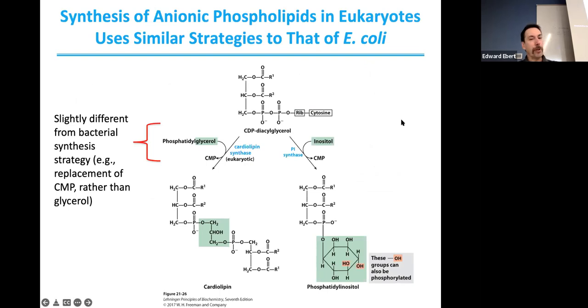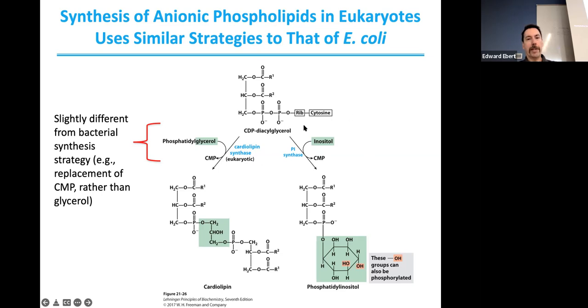Eukaryotes are similar, just a little more complex. We can look at again attaching phosphatidylglycerol through our CMP, cleaving that off, and ultimately getting to cardiolipin. There's a replacement of CMP rather than glycerol within eukaryotes as opposed to bacteria.